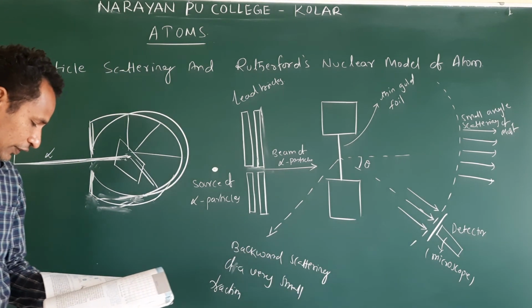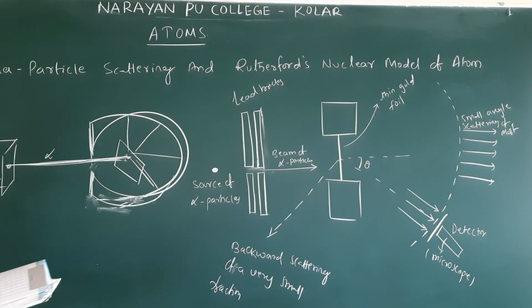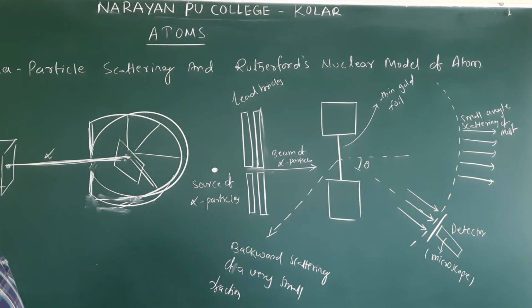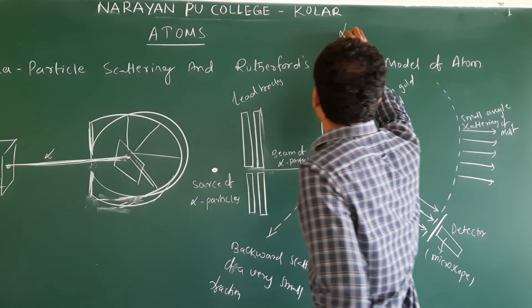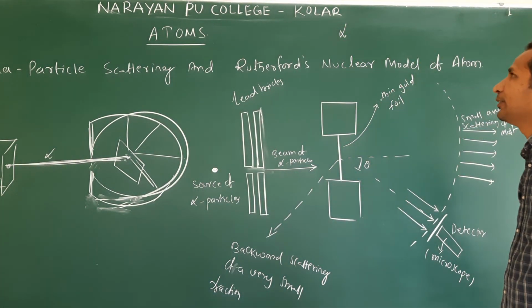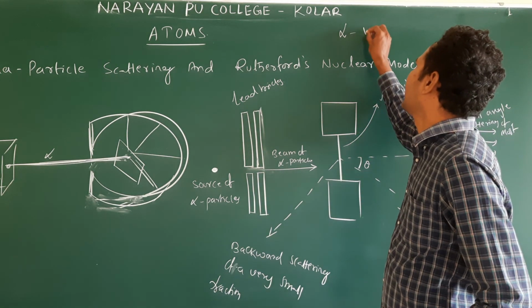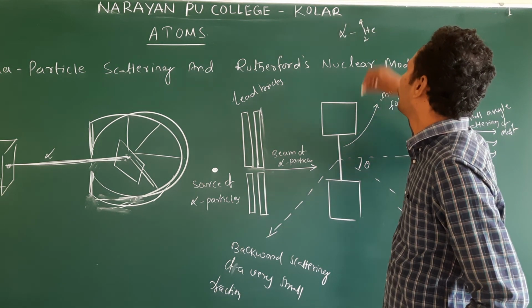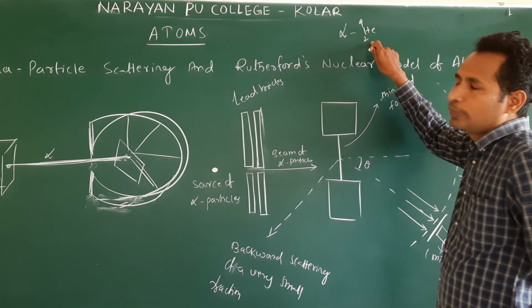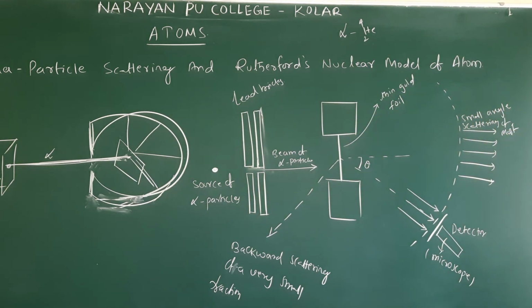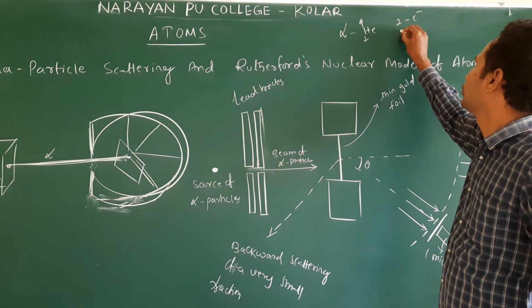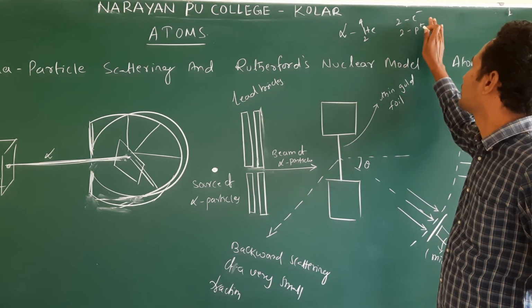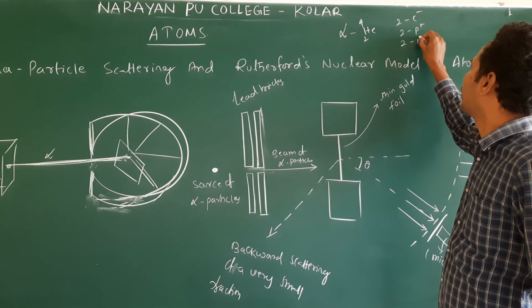Okay, a typical graph of the total number of alpha particles scattered. First we need to know what an alpha particle is. Alpha particle means ionized helium. Alpha is nothing but ionized helium, He-2+. Ionized means how many electrons are there in helium? 2 electrons, 2 protons, 2 neutrons.